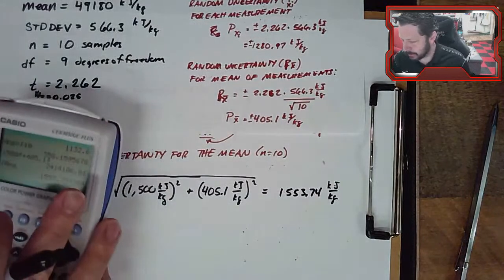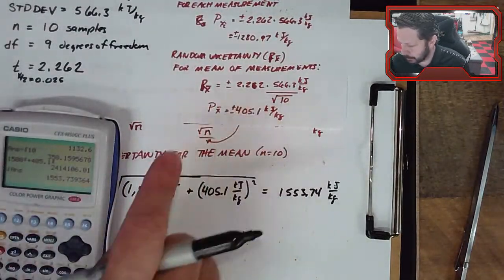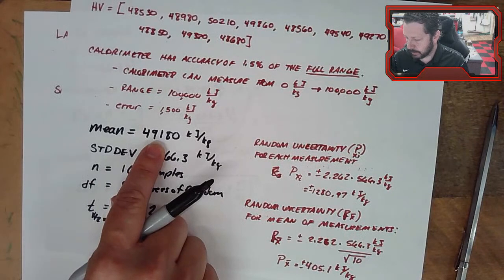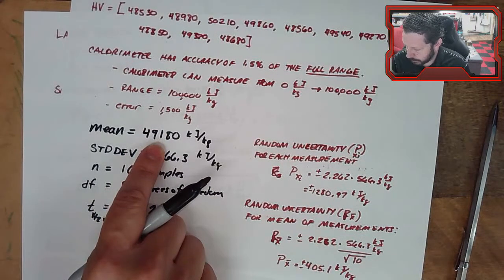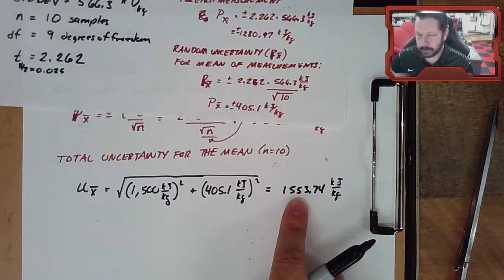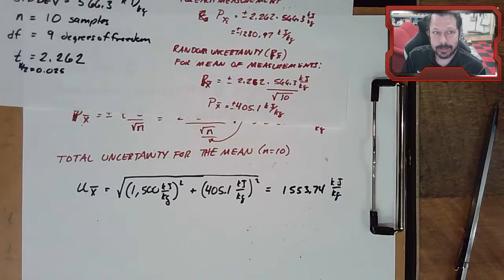So basically we took 10 samples, we calculated a mean value for those 10 samples, and we would write that 49,180 plus or minus 1553 would be the total uncertainty, including the tools that we used to measure and the randomness just generated by taking the measurements, whether they change over time a little bit, or there's some human error, all this random stuff that might happen.